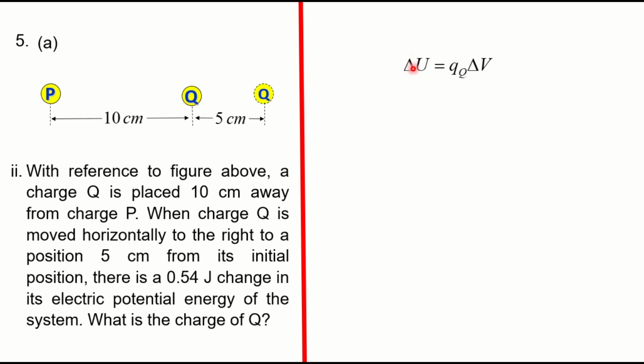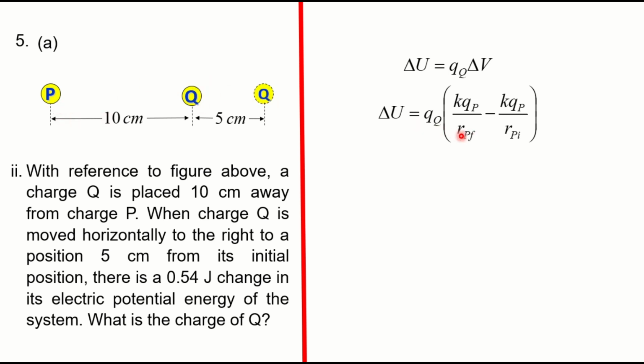So 0.54 joules is the change of electrical potential energy, so it has a triangle in front. This is the formula for change in electrical potential energy, and we know delta V is electric potential. So we can use the formula and open it up to KQ over R, since we are moving it from Q initially to Q final. R is the distance from P to final and P to initial.